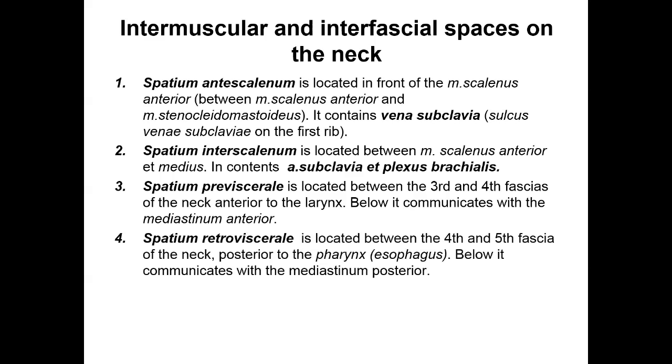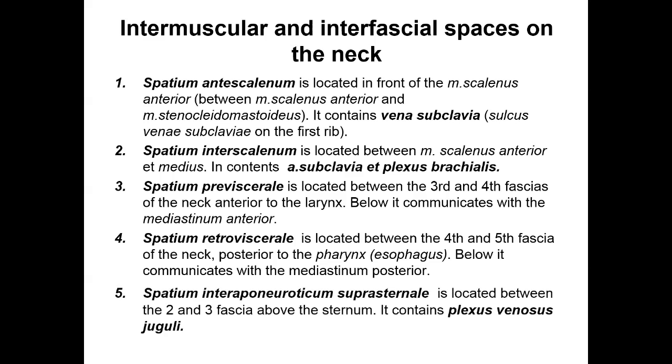And number 4, spatium retroviscerale. Number 3, previscerale. Number 4, retroviscerale. It's located between the 4th and 5th fascia of the neck, posterior to the pharynx or posterior to the esophagus, and below it communicates with the posterior mediastinum.